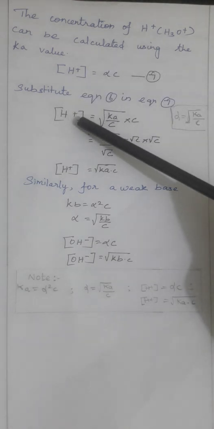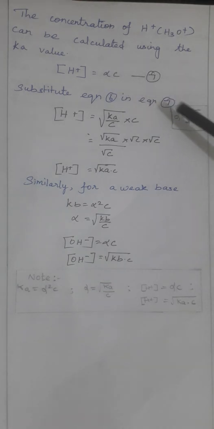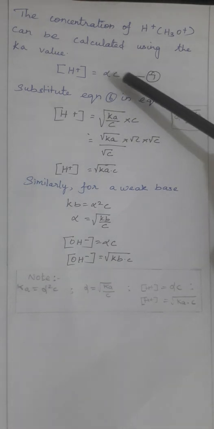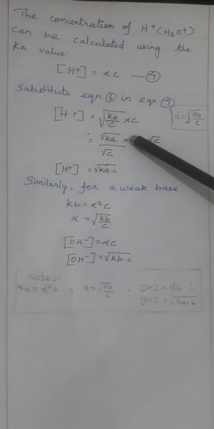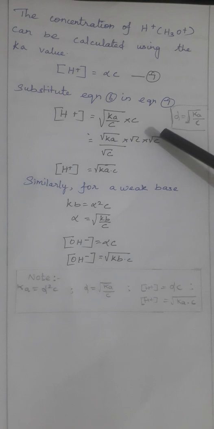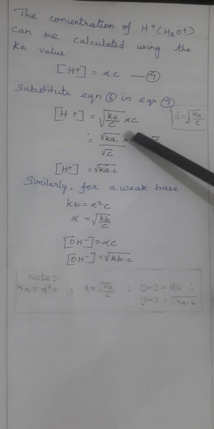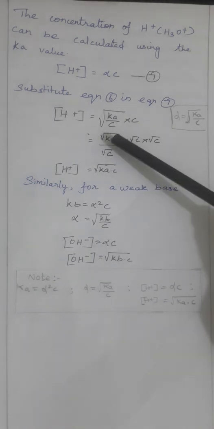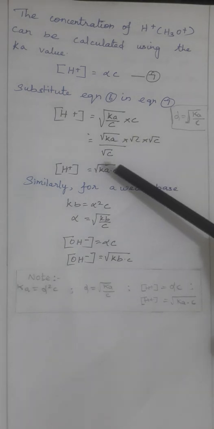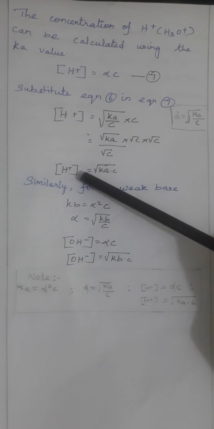So H plus concentration is equal to root of K by C into C. C means root C into root C, just as root 3 into root 3 equals 3 and root 4 into root 4 equals 4. Root C cancels. What remains is root of Ka dot C. That is the H plus ion concentration.